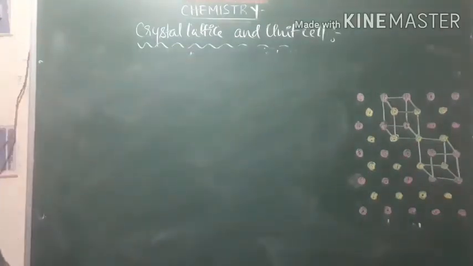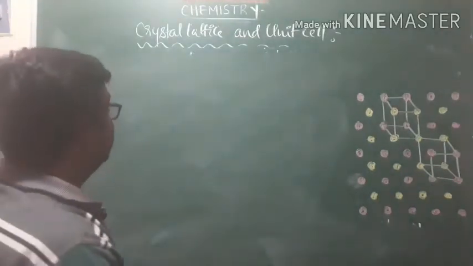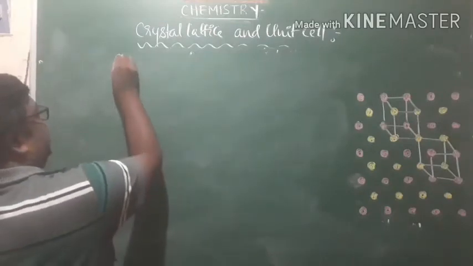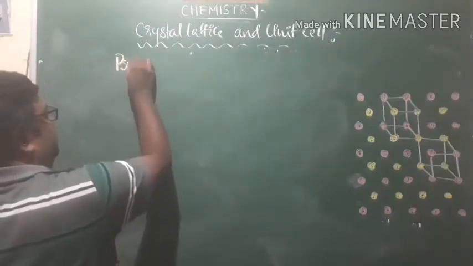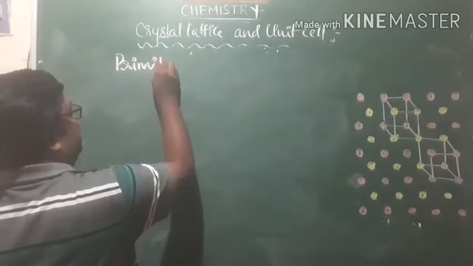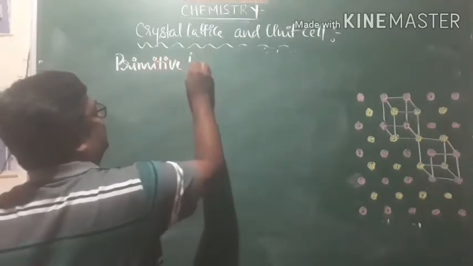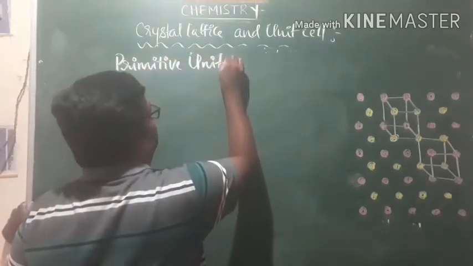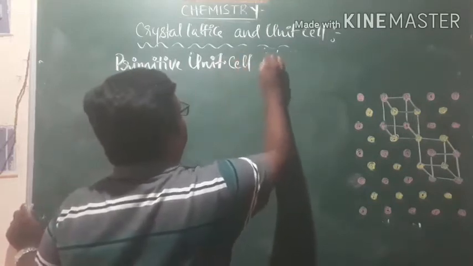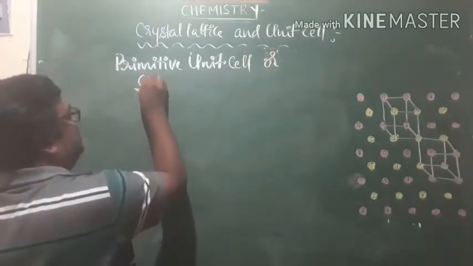And of course, that will be studied under the headline different types of unit cells. There are 2 types of unit cell, the first being the primitive unit cell, or it can be called a simple unit cell.